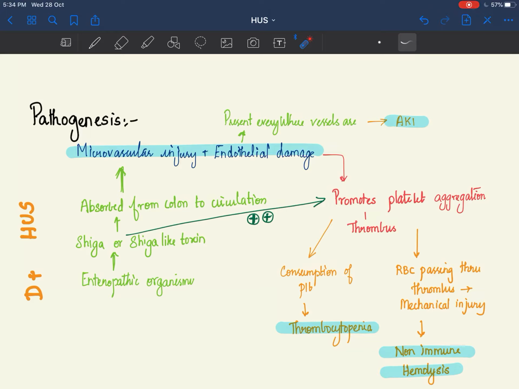But what is causing this microvascular injury or endothelial damage is this Shiga or Shiga-like toxin, which gets absorbed from the colon into circulation. And why this AKI? Kidney also has vessels, right? Almost all organs have vessels, to be very specific. That's why you can have systemic manifestations also. You can have cardiac manifestation, you can have central nervous system manifestation. So this endothelial damage will result in microthrombi, resulting in acute kidney injury.